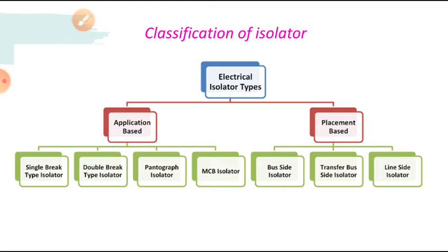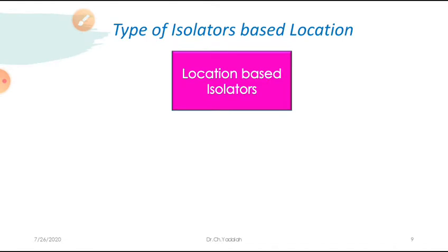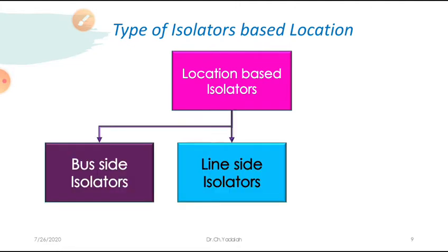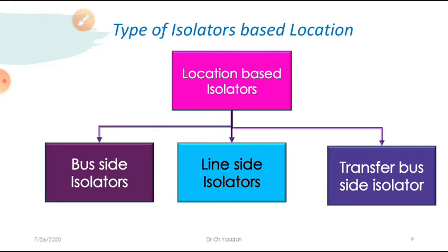So here, once again, the location based isolators. First is the bus side isolator, line side isolator, and last one is the transfer bus side isolator. Now you can see what we mean by the bus side isolator.